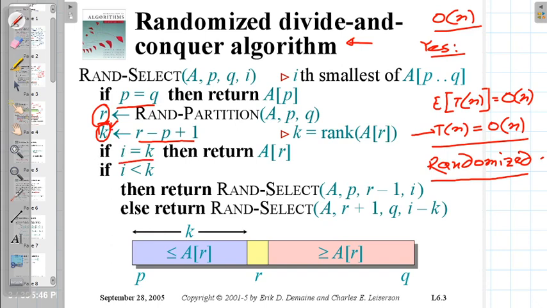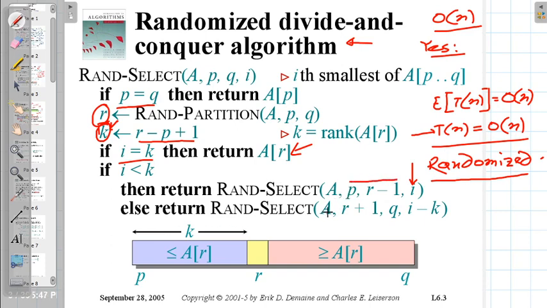And then if I equals k, so in our case I was 7 and k was 4, if I equals k, then return that. That means that is the smallest element we are trying to find out. Otherwise, if I is less than k, then we have to search for the I-th smallest element in the left hand side list, p to r minus 1.